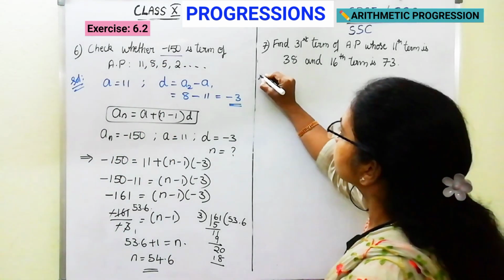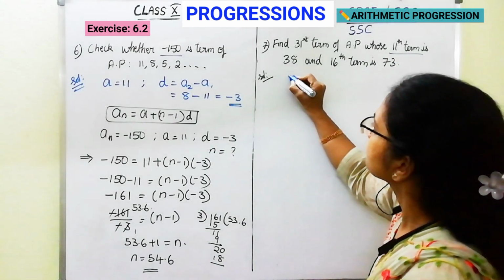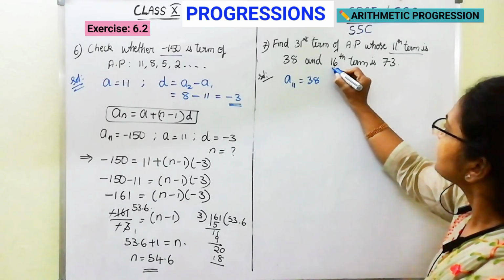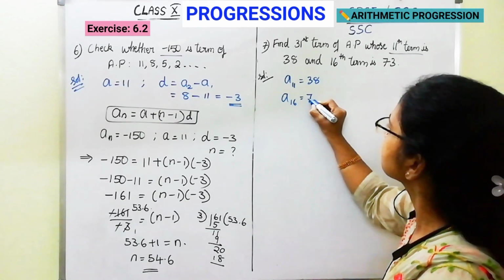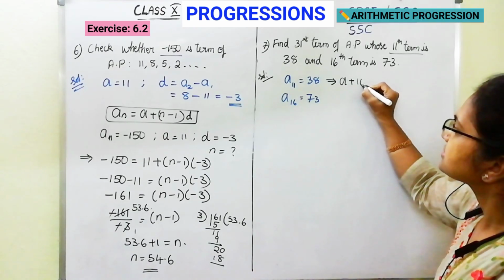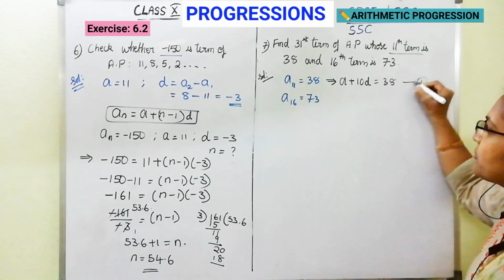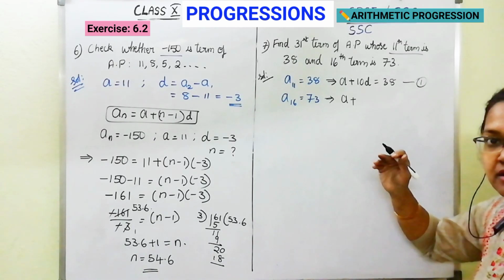Move on to this question. Given to us, the 11th term is 38, which means A11 is equal to 38 and A16 is equal to 73. A plus 10D is equal to 38 is the first equation and A16 means A plus 15D.